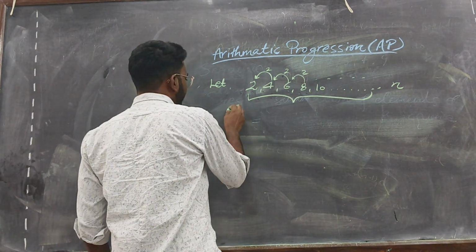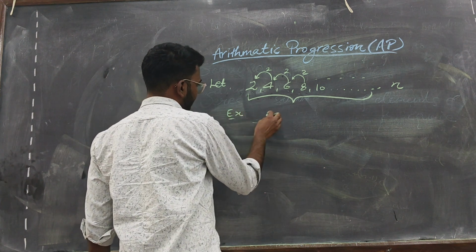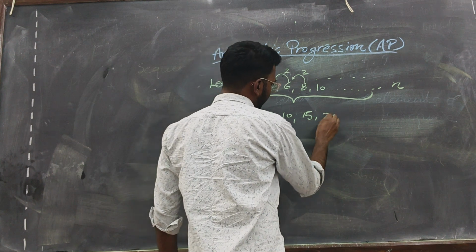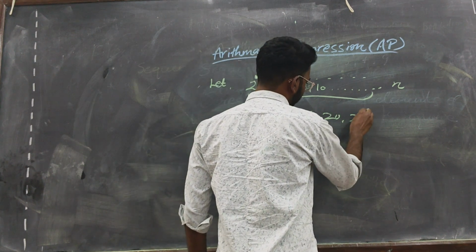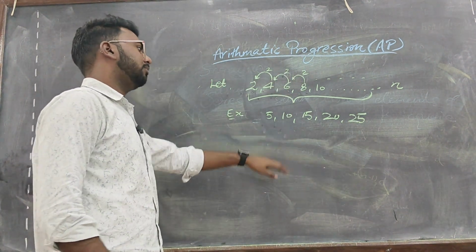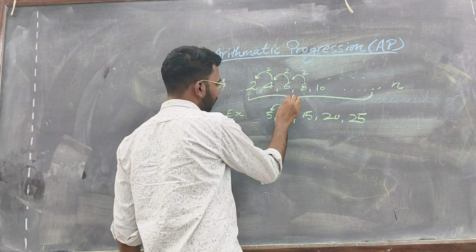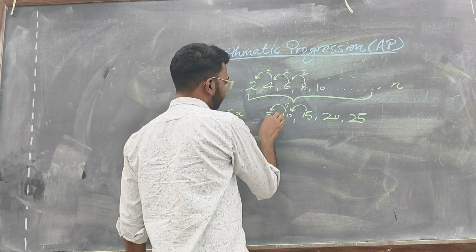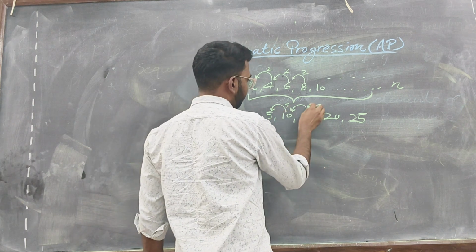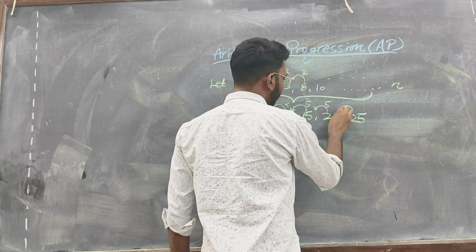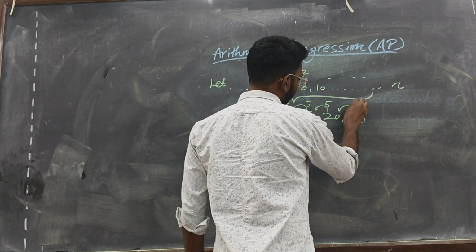Let's see some more examples. 5, 10, 15, 20, 25. This is also an AP. Why? Because the difference between two consecutive terms is common. 10 minus 5 is 5, 15 minus 10 is 5, 20 minus 15 is 5, 25 minus 20 is 5.